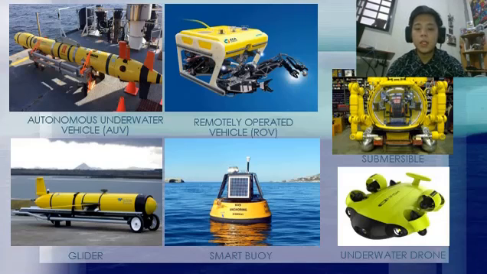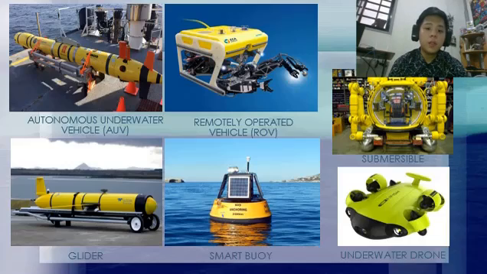And here we can see some examples of Internet of Underwater Things devices. We have autonomous underwater vehicle or AUV, remotely operated vehicle or ROV. We have a submersible, underwater drone, smart buoy, and a glider.